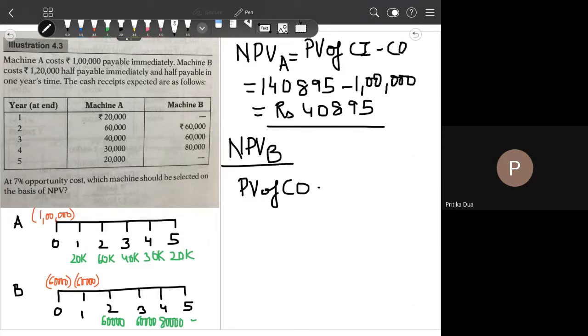So this means that 60,000 is at 0 point of time plus 0.935 times 60,000, which is 56,100.